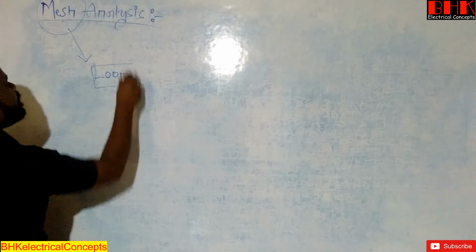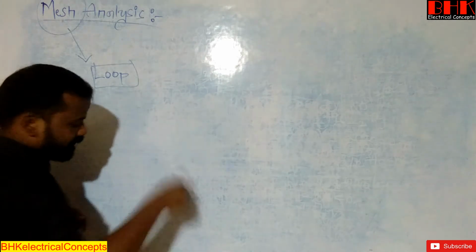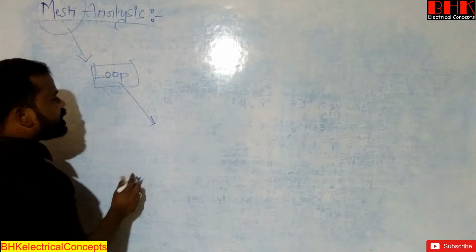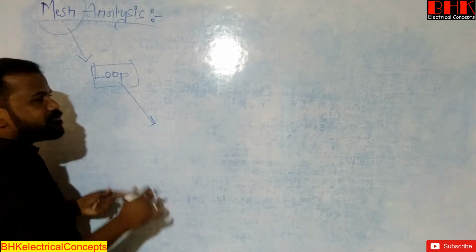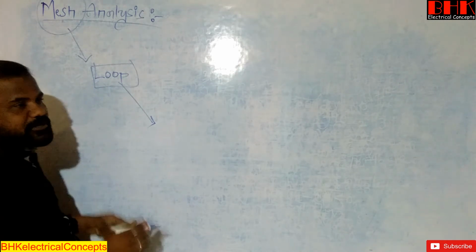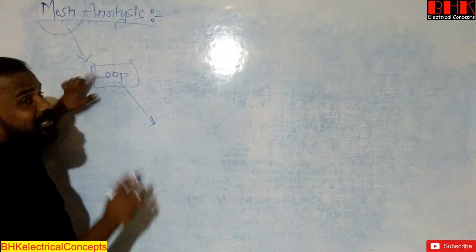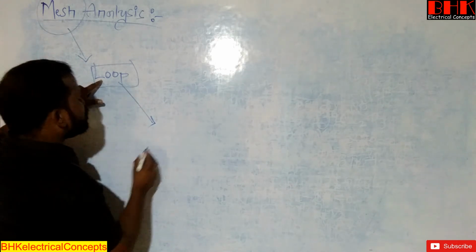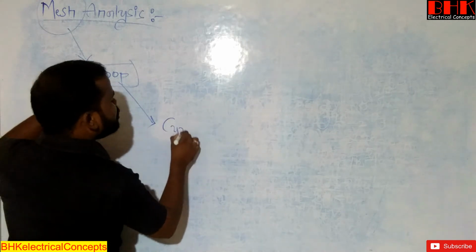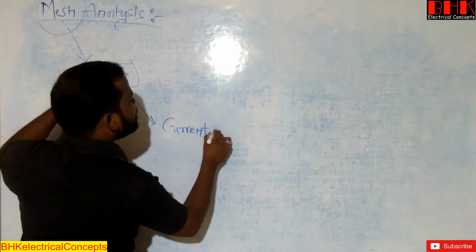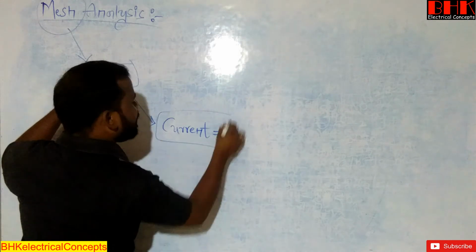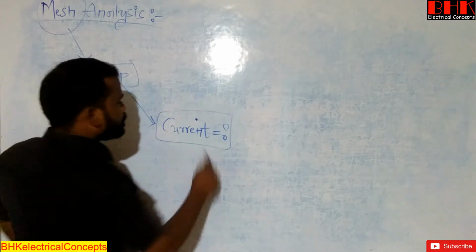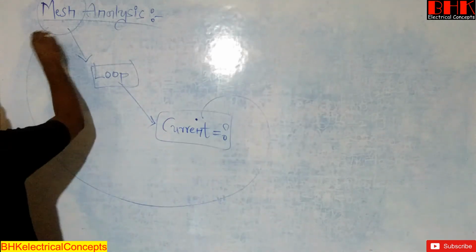If we are talking about a loop, we are going to find the values of currents only, not voltages, because in the loops current flows, not voltage. So if you want to find the currents flowing in the loops, we apply mesh analysis in the circuits.